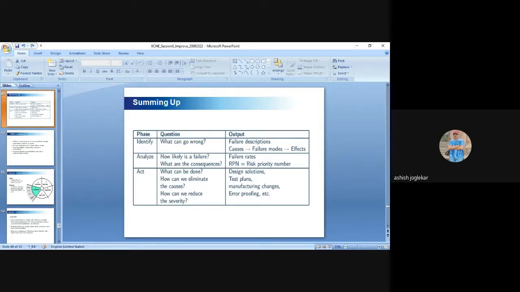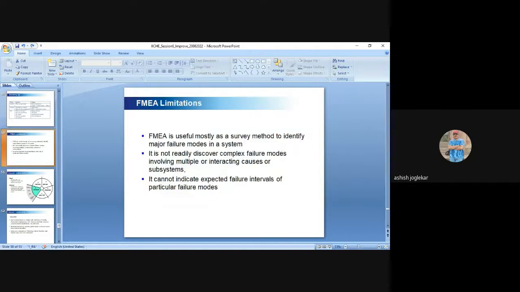So from say 100, we reduce down to say 2 to 5 causes, which are having a strong effect on the performance, and we then put up an action plan to improve this and improve our project. That is called the improve phase.